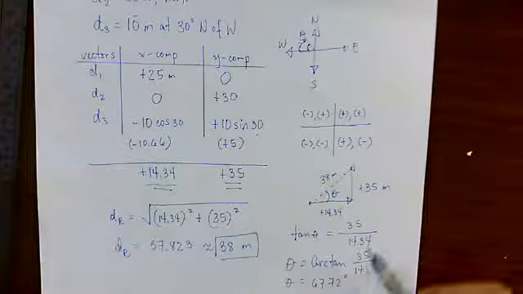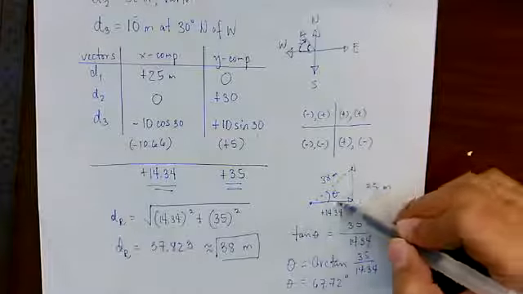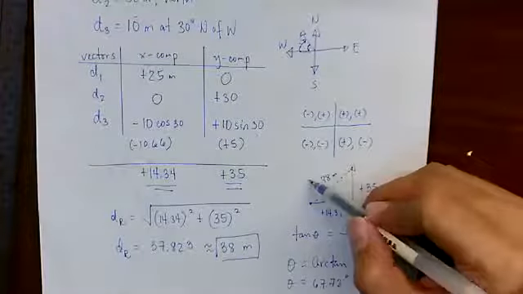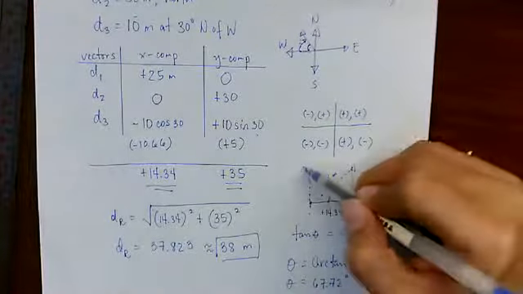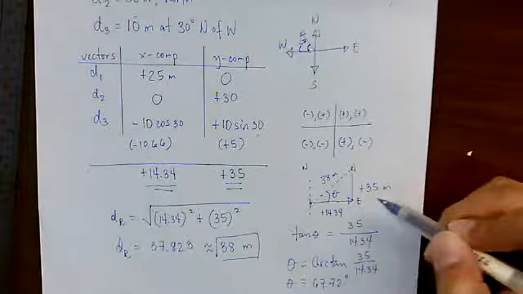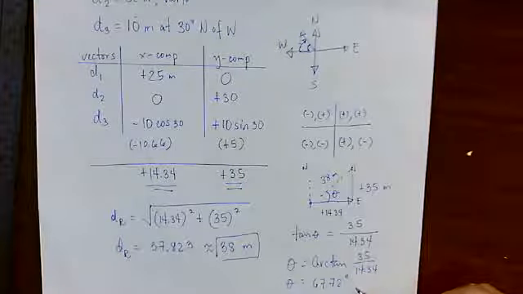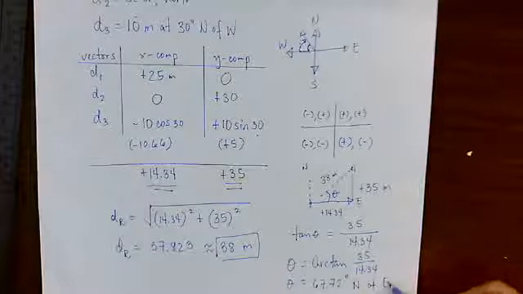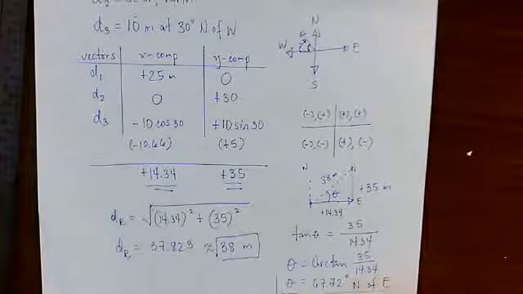This is the angle created by these two vectors. Now, what is the direction? Since our orientation is this is north and this is east, it's going to be 67.72 degrees north of east. This is our answer for the direction.